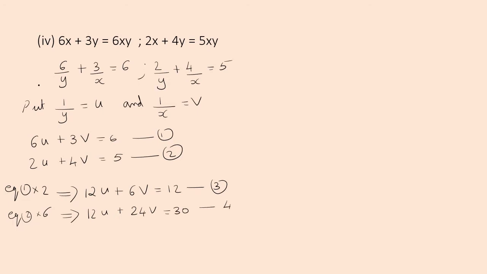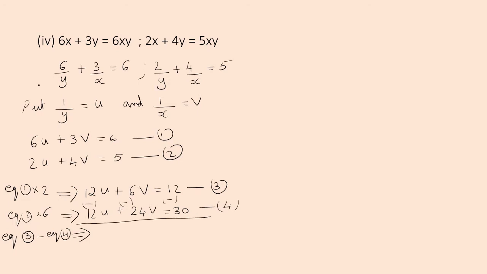Number the equation as 4. Now subtract equation 3 minus equation 4. That means you have to change the sign of the subtrahend and then add.